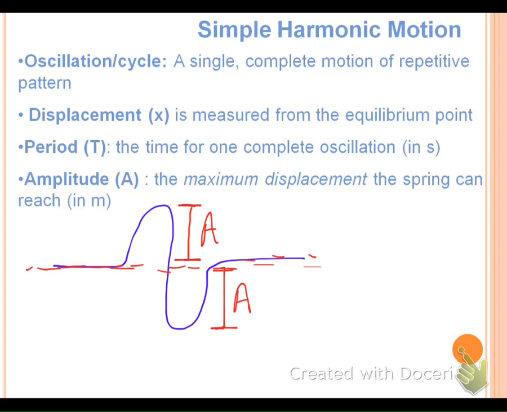It's whatever distance is the maximum from the equilibrium. Do we know what this is called along a wave, when it goes all the way up? This is called the crest. Good. And this right here at the bottom is called the trough. So this is called a crest, and this is called a trough on a wave.